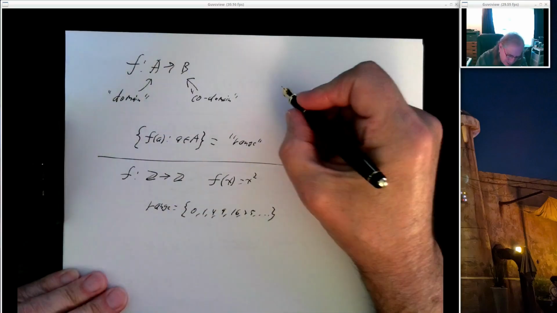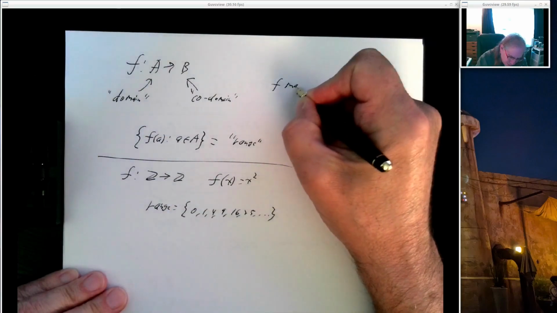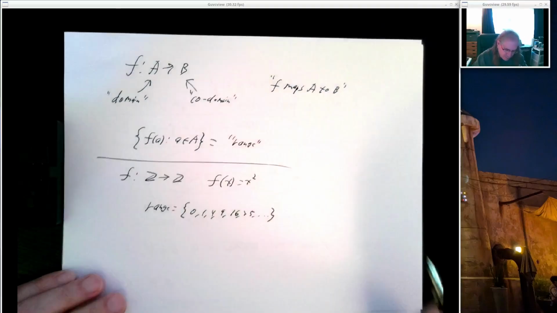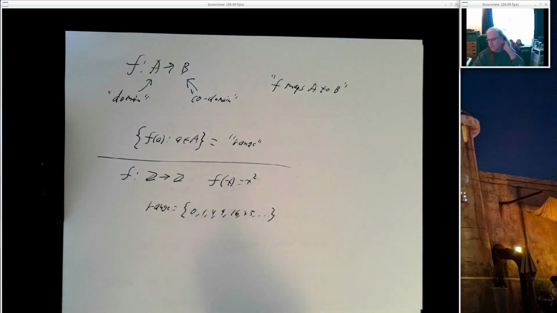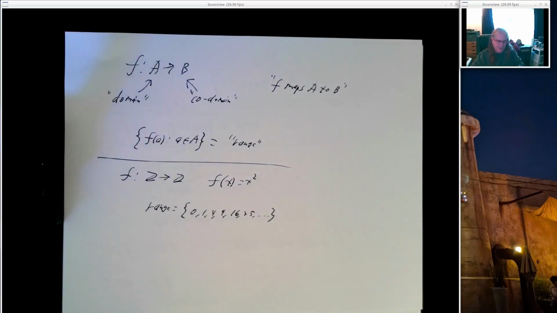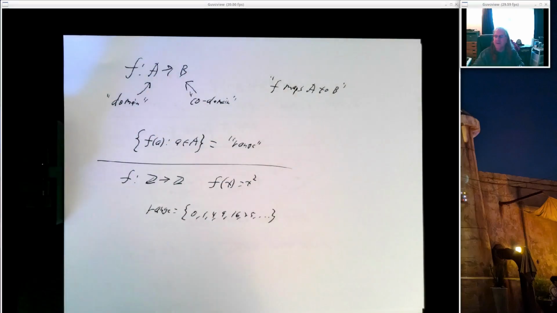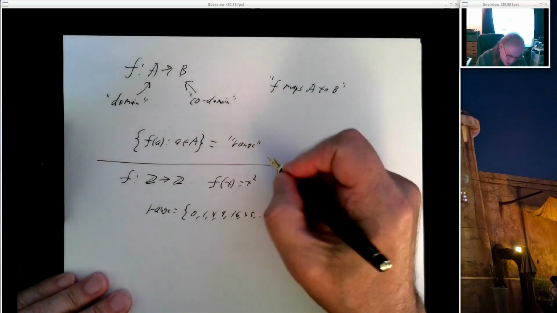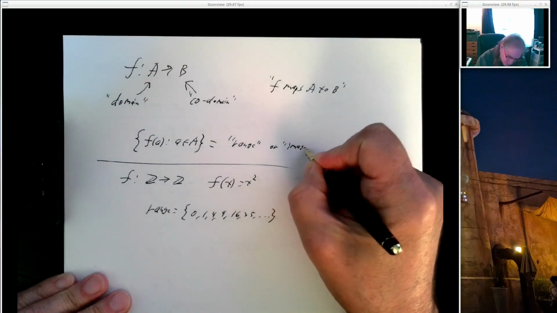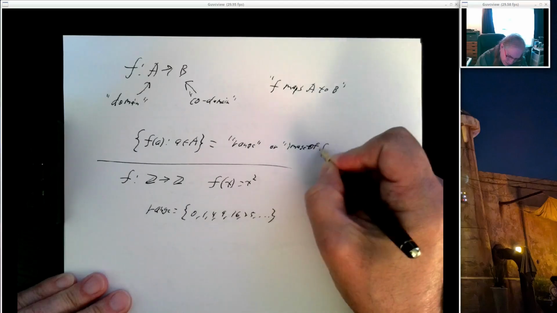In this case, we also could say f maps A to B. Right, so we can use the word map and function somewhat interchangeably. f is a map from A to B. The function f maps the set A to the set B. The range is also called the image of f.